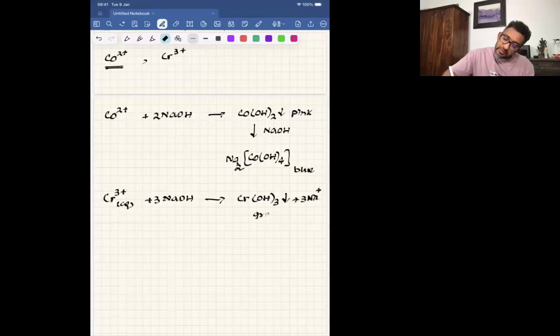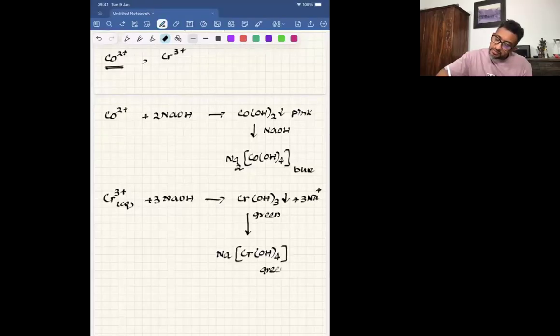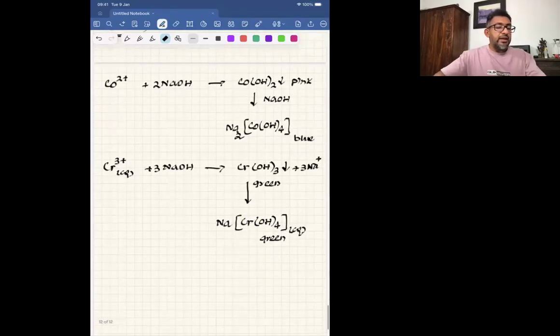Now, if you add more hydroxide, it gives you Cr(OH)4 minus, this green solution. Right? So these are the two complexes that will form. I hope all of you are okay with that.